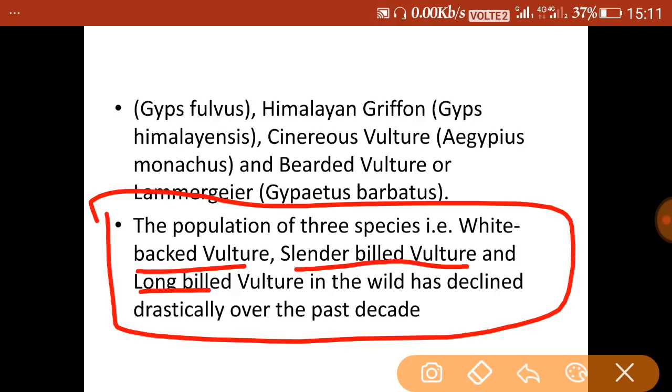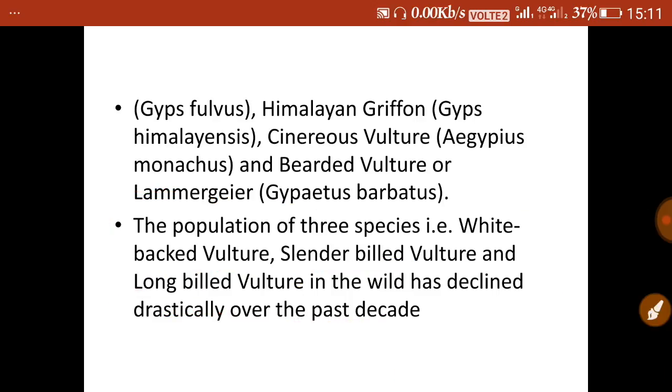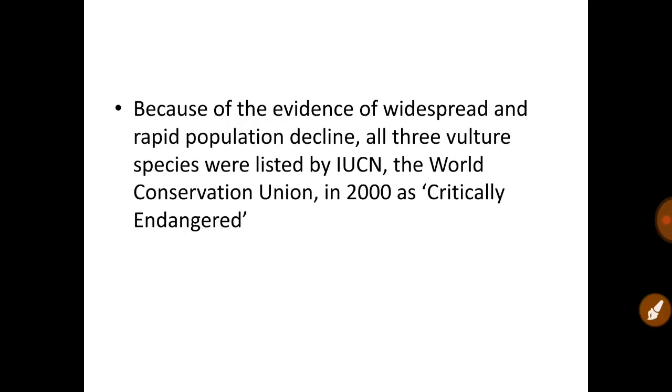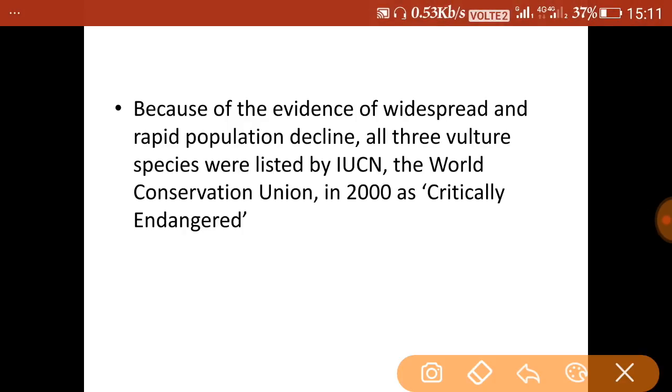The population of 3 species. This is very, very important. The population of 3 species: white-backed vulture, slender-billed vulture, and long-billed vulture in the wild has declined drastically over the past decade.